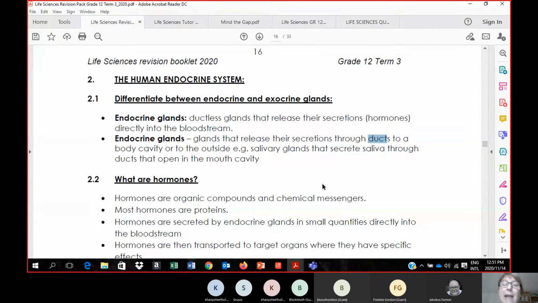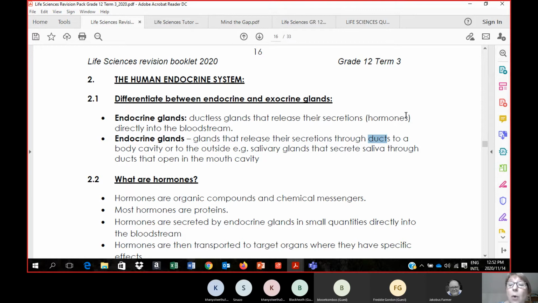So salivary glands that secrete saliva into your mouth, those are exocrine glands. Or sweat glands that secrete sweat, those would be exocrine glands. And even your pancreas that secretes pancreatic juice into the small intestine, that is an exocrine gland, okay?